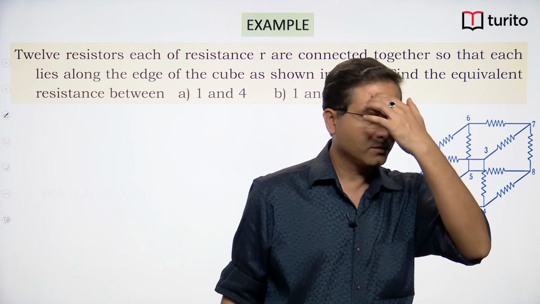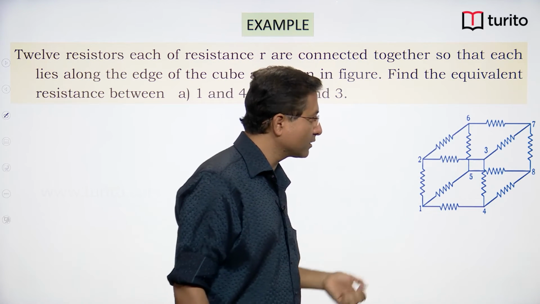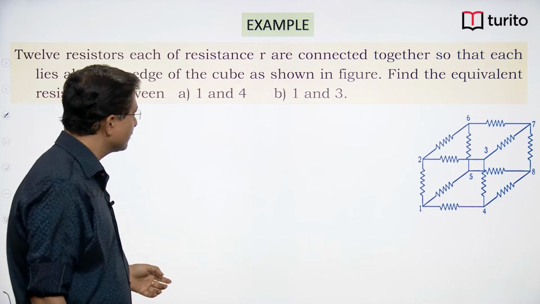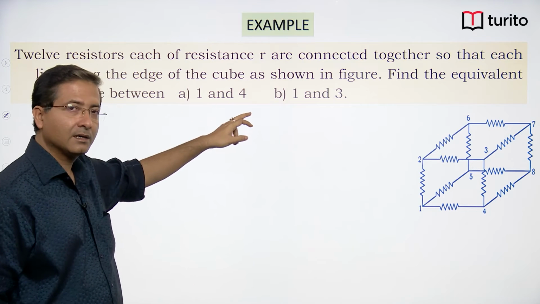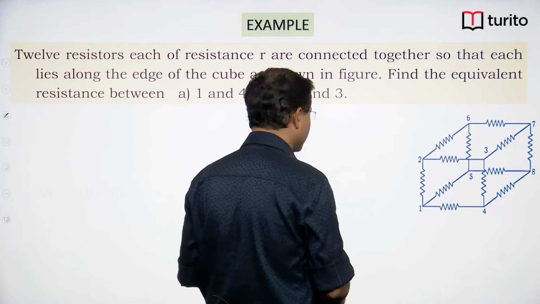Cube. So all the resistors are connected across the edges of a cube, and you are asked to find out the equivalent resistance between 1 and 4 and 1 and 3. Look at this one, 1 and 4.